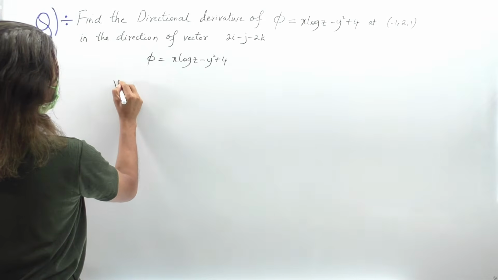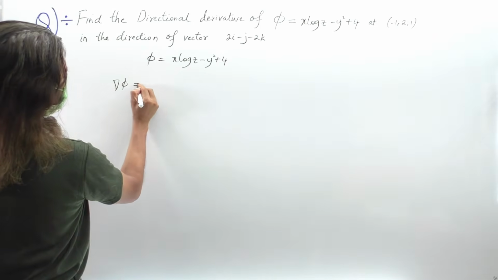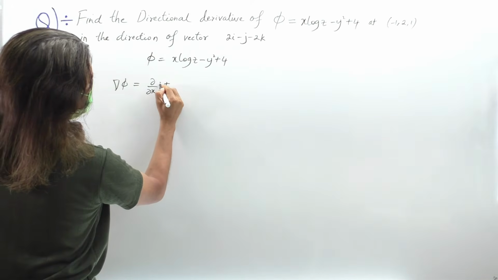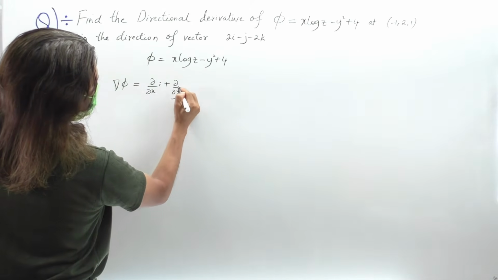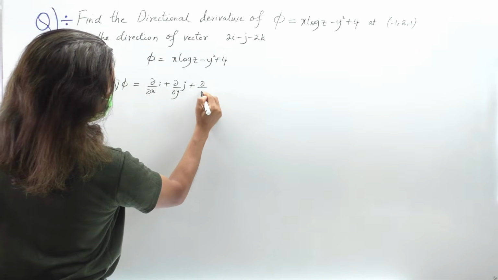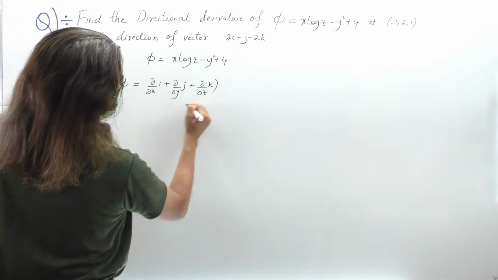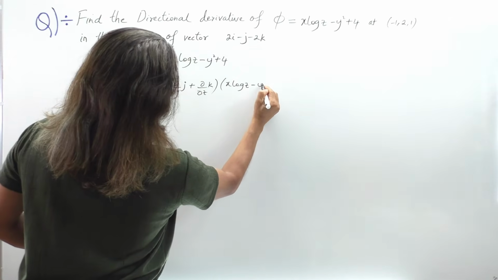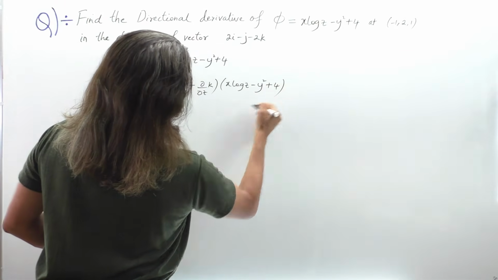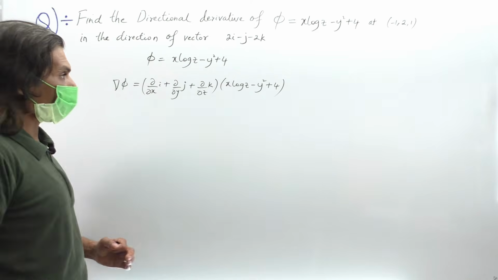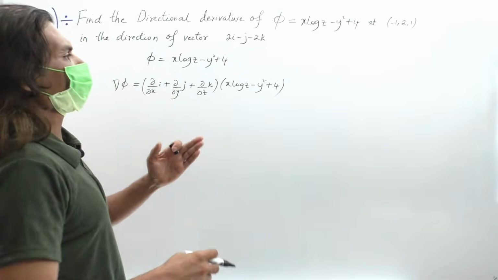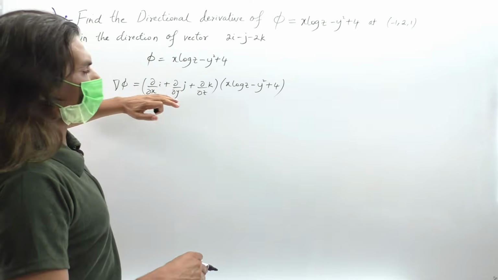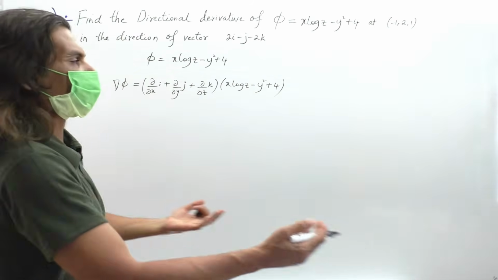That means del phi will be, the meaning of del is dou by dou x of i plus dou by dou y of j plus dou by dou z of k into x log z minus y square plus 4. Fine. Now again the same way, we need to differentiate this surface phi partially with respect to x, y and z. So let's do it now.